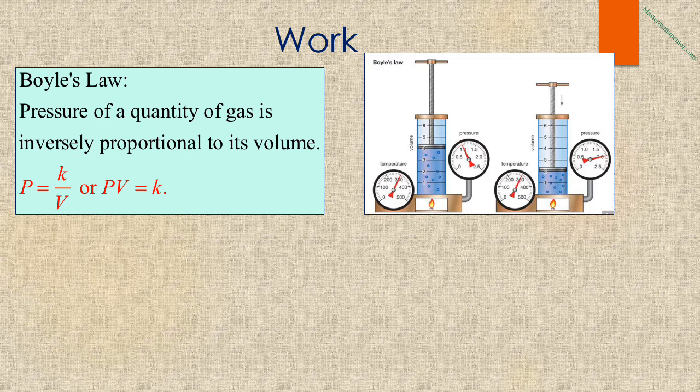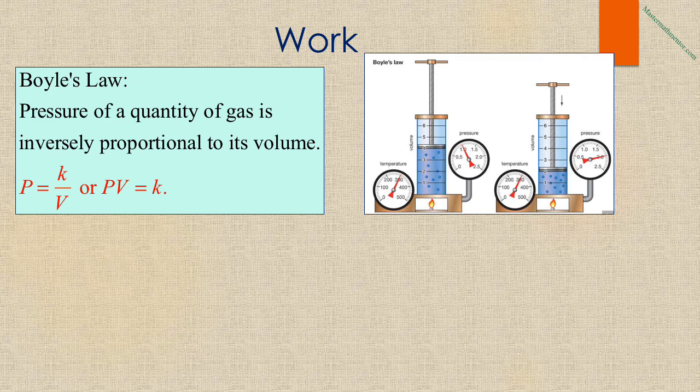The picture on the right describes what Boyle's law is saying. We have a gas that is heated to 300 degrees. As shown by the gauges, its pressure is 1 and its volume is 4. There is a cover at the top of the gas attached to a rod.